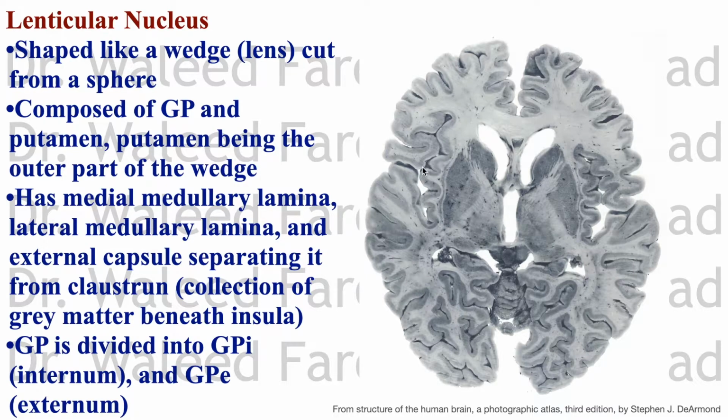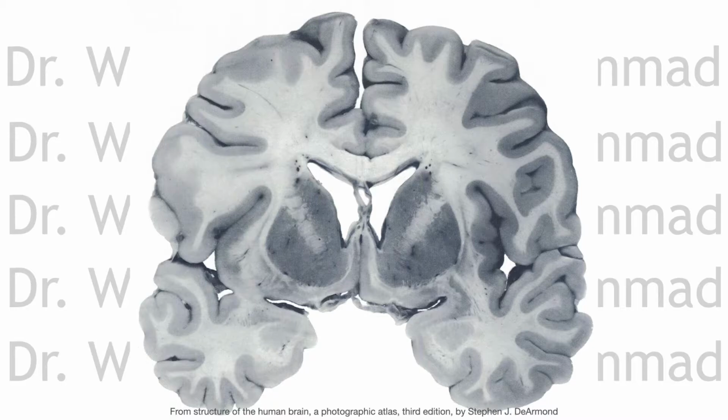This is the insula, the one you see here, and this is the lateral sulcus, in the base of which lies the insula, separated from the lentiform nucleus by the external capsule. You can further subdivide the globus pallidus into globus pallidus internum and globus pallidus externum, according to their connections.